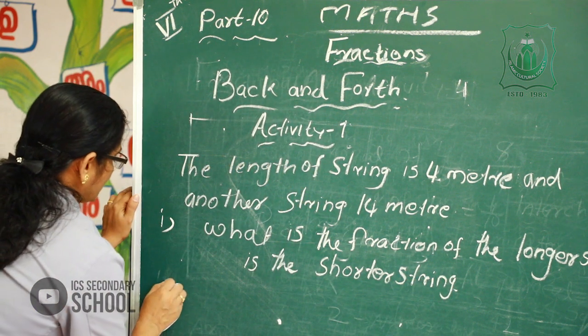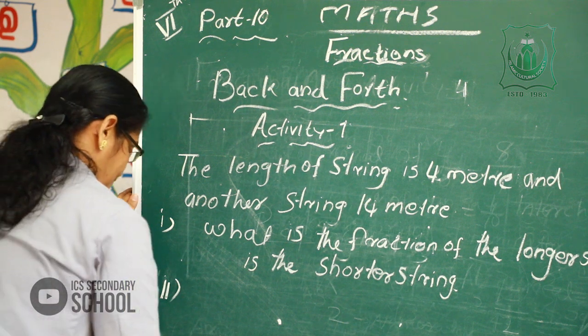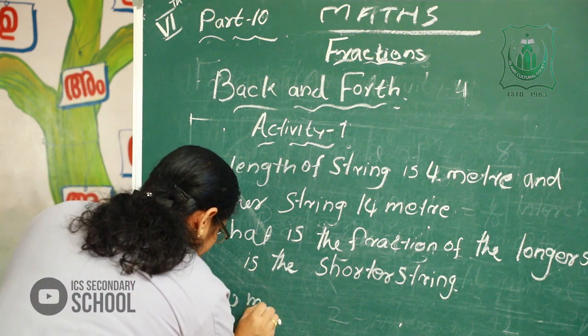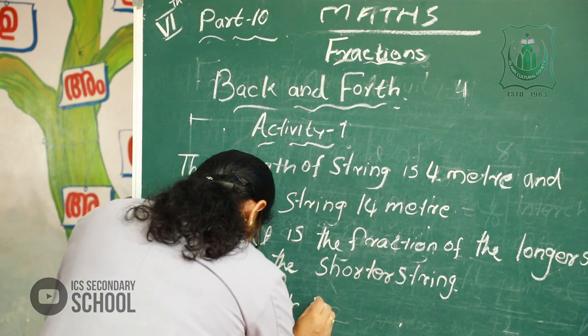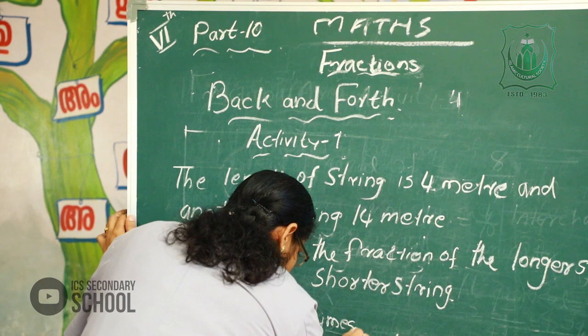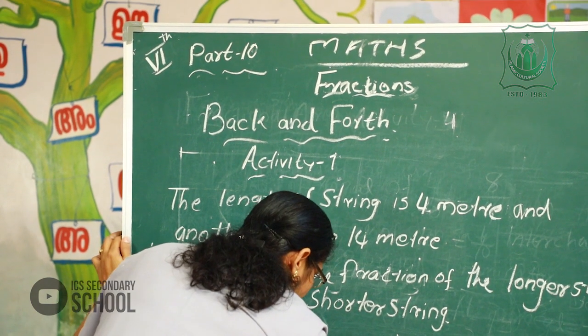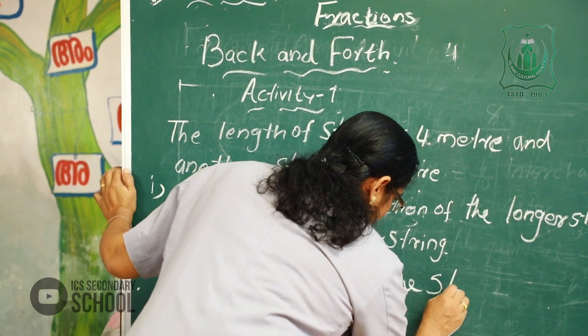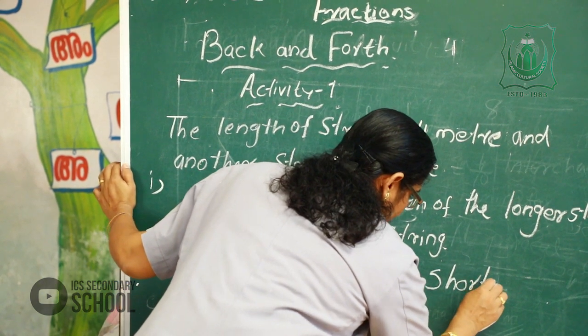Next, question number 2. How many times is the longer string of the shorter string?